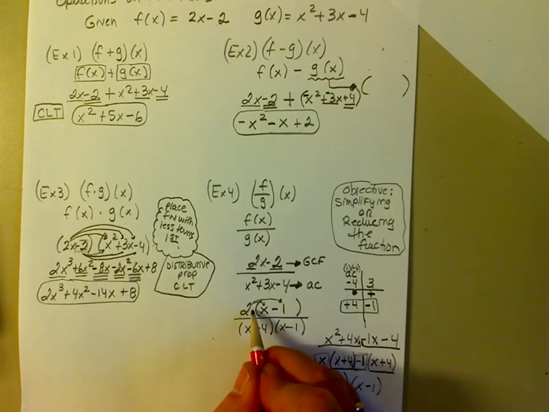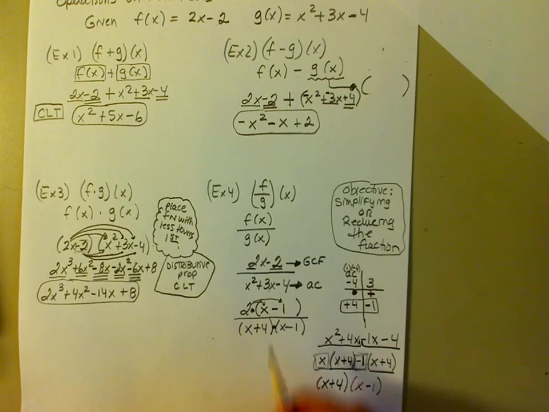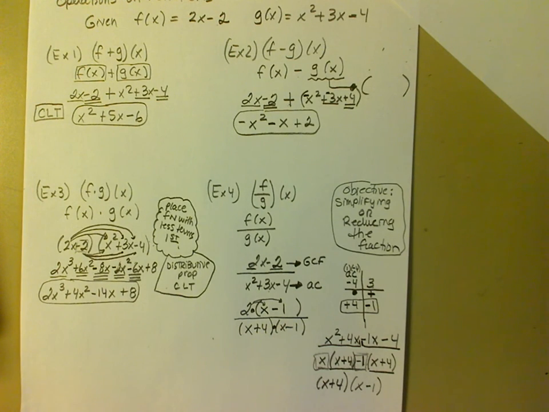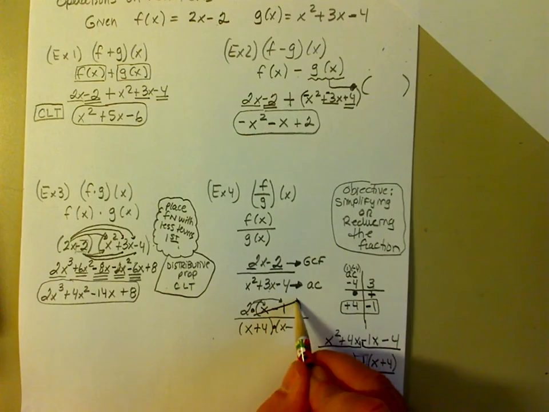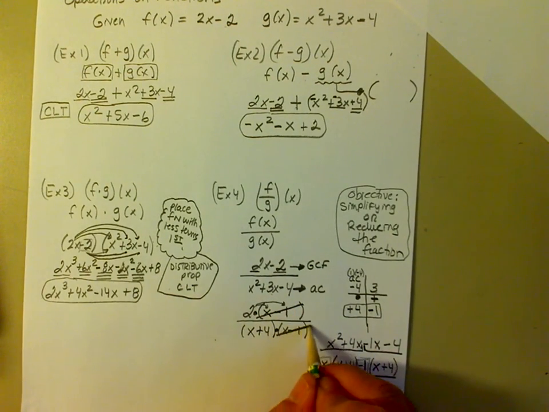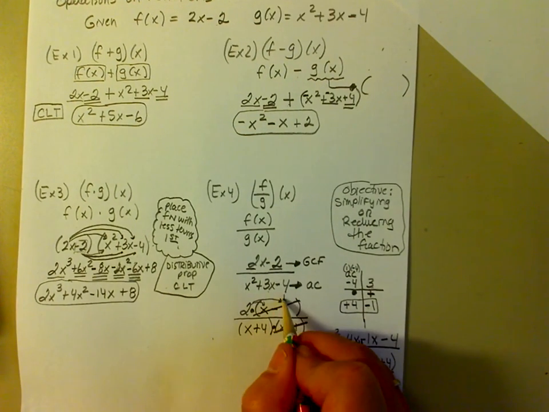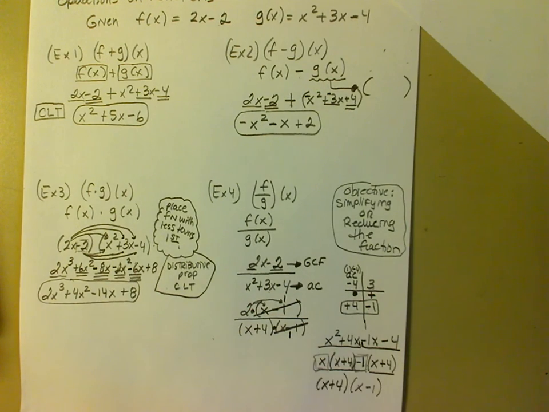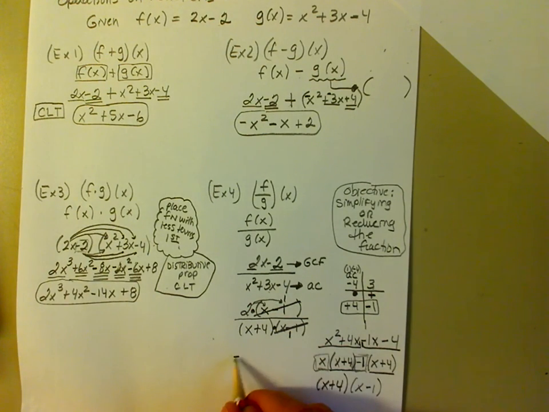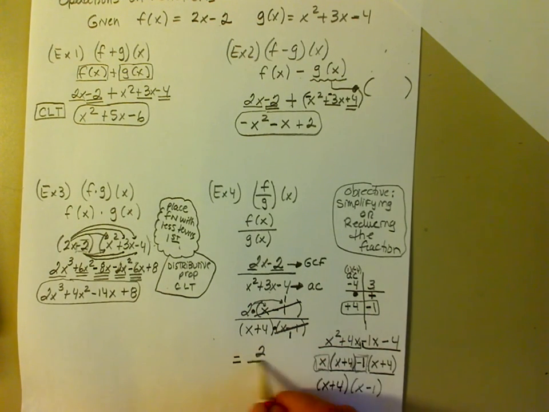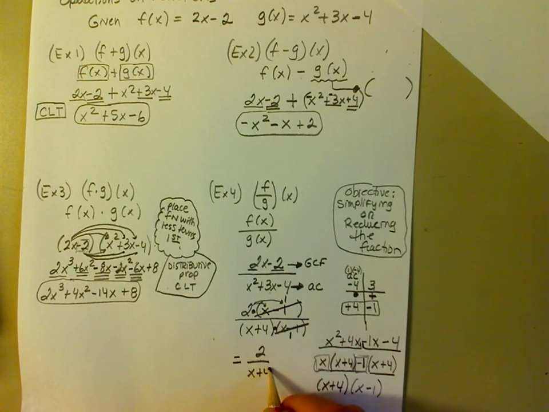Now that everything is in terms of factors, as you can see here, factors meaning multiplication, I can now reduce these, just like I would reduce 2 divided by 2 is 1 over 1. So here I have x minus 1 divided by x minus 1 is a common factor, so I'm going to place a 1 over 1. The result is 2 over x plus 4.